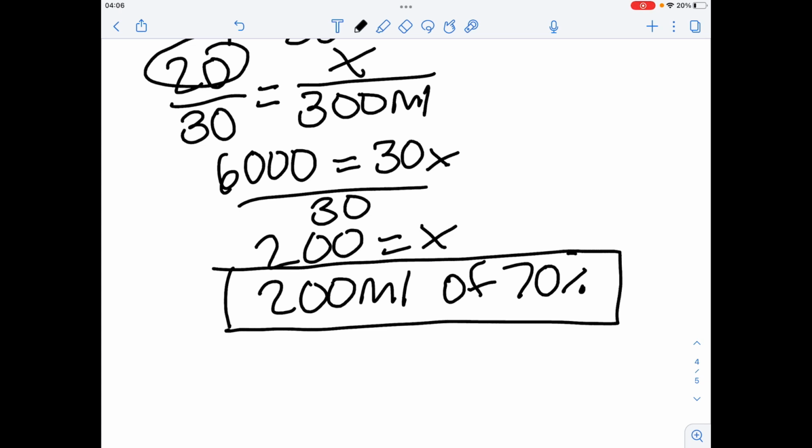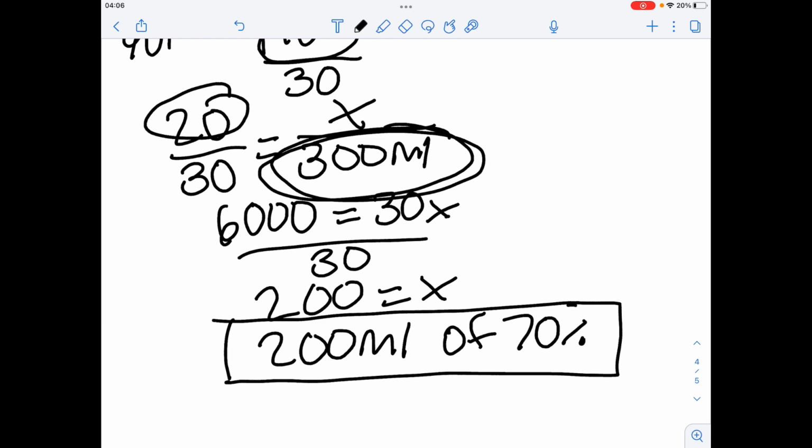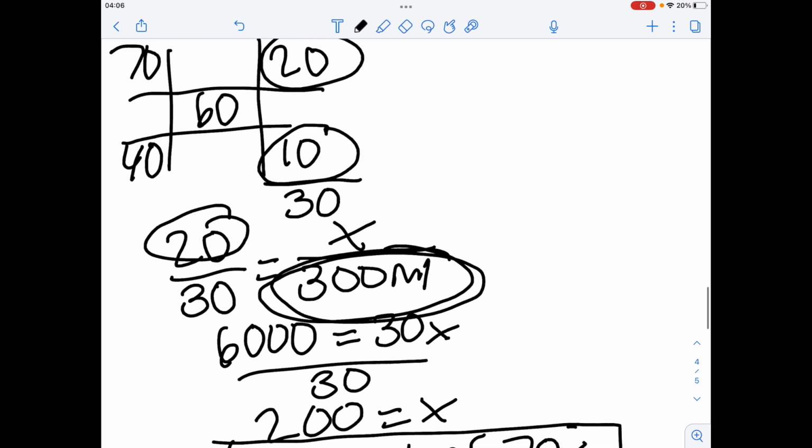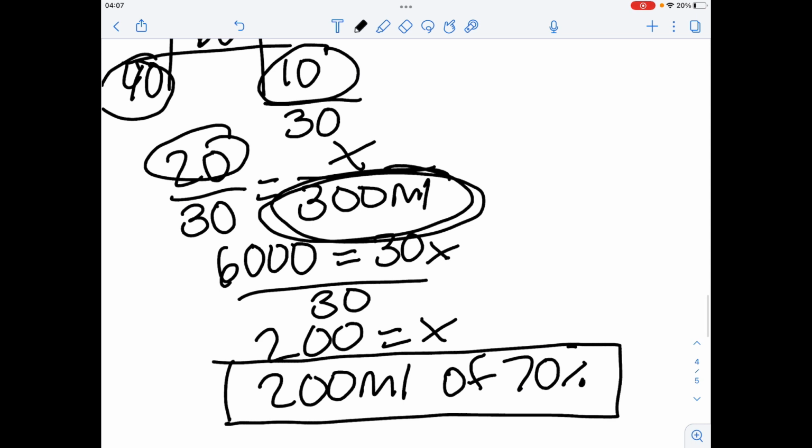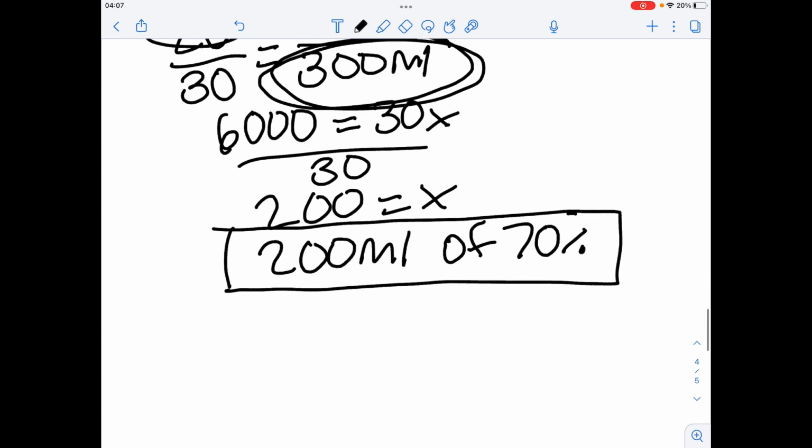Now, we need a total of 300 milliliters. So 300 subtracted by 200 milliliters, we already have the indication that our 40% should be 100 milliliters, because our amount of 70% plus our amount of 40% should equal the total volume we're trying to find. But let's just solve it, as a way to double check ourselves.